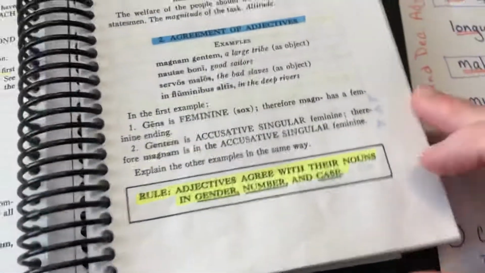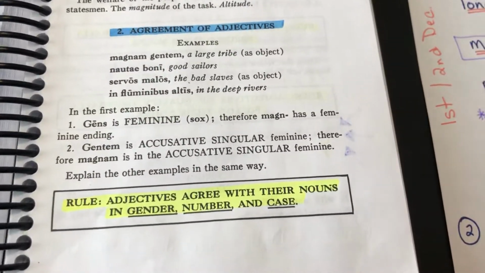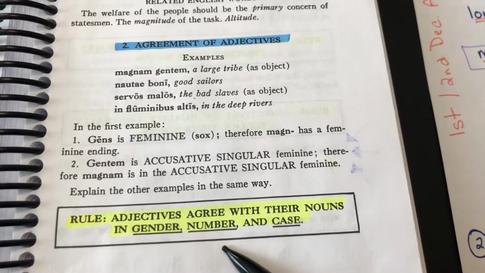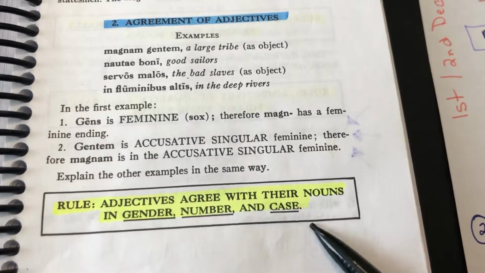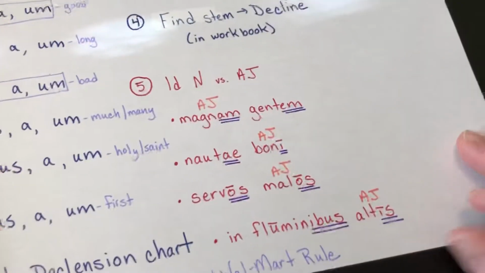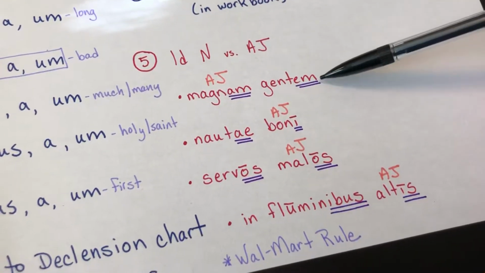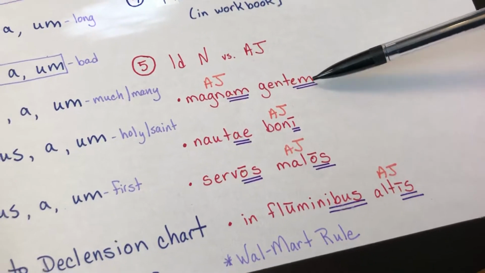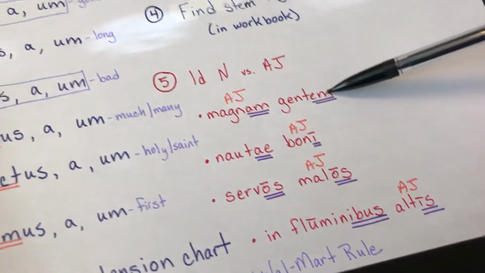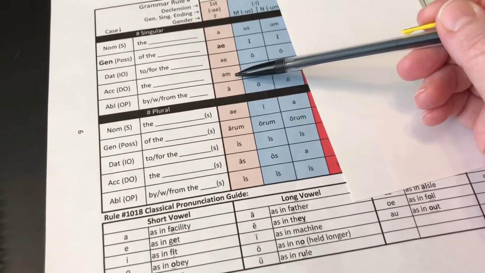And then we went back and we talked about the fact that adjectives are going to agree with their nouns in number and case. So that would be using these phrases. We took a look at our noun. This noun is accusative singular. It's also feminine. So I'm going to go to my feminine column right here, accusative singular.